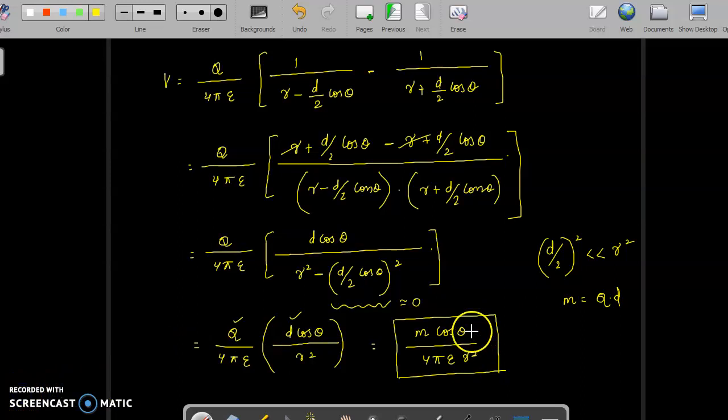This expression shows that the potential is directly proportional to the dipole moment and inversely proportional to the square of the distance. So m is the dipole moment and r is the distance of the dipole from the point P. So the potential due to the dipole is V equals m cos theta by 4 pi epsilon r square.